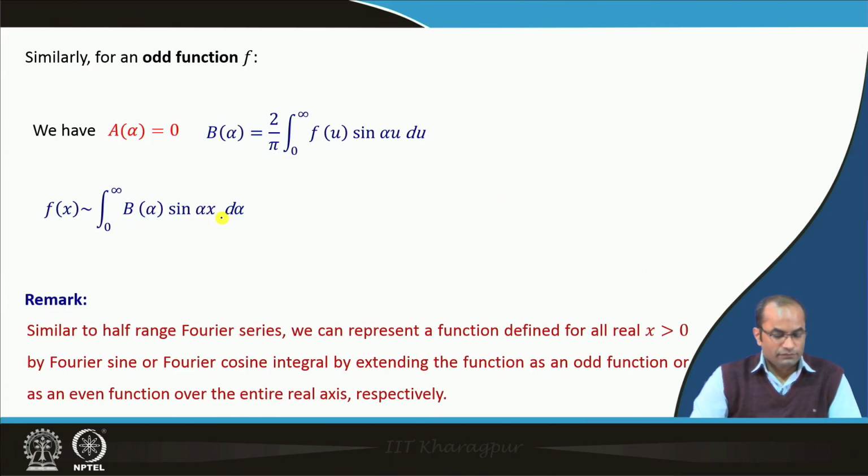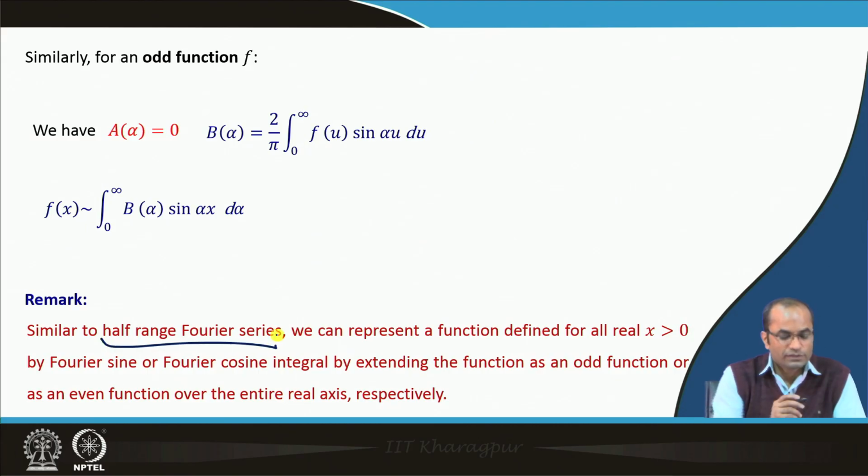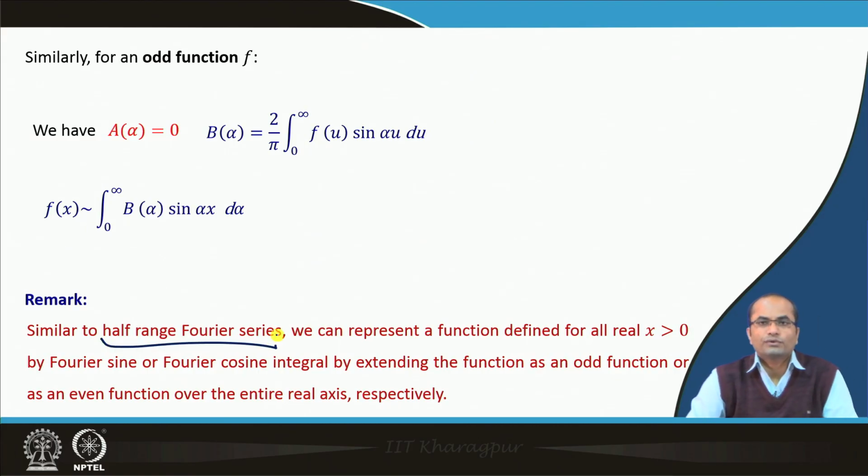Just a remark here, which is very important for the discussion now, similar to the half range Fourier series. If you recall the half range Fourier series, the idea there was that we were extending a function defined in the 0 to L interval, and depending on the way we extend the function to minus L to 0, either the sine series or the cosine series will appear.